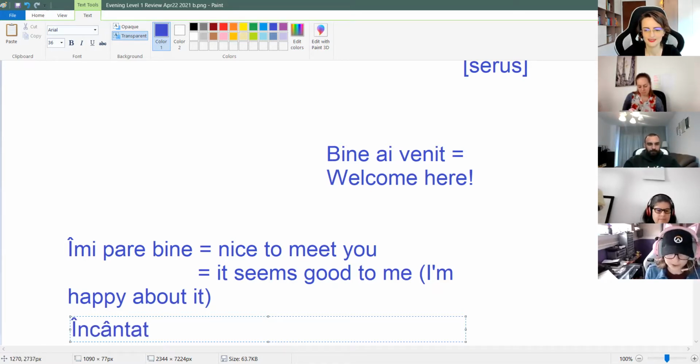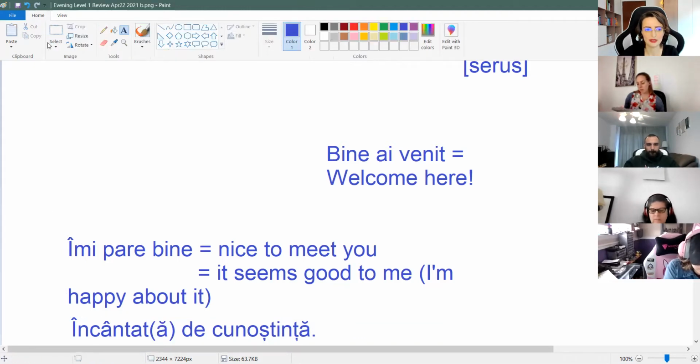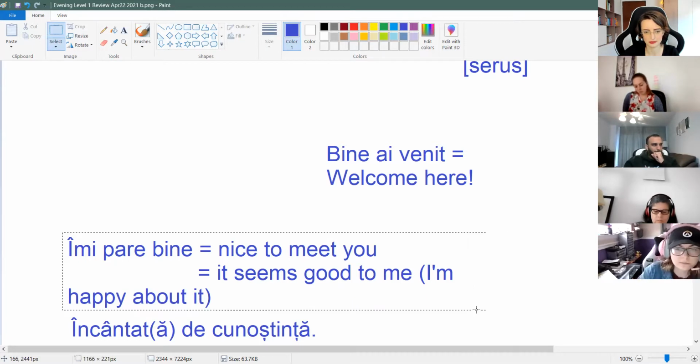I know cunoștință is acquaintance. Încântat de cunoștință. Or if you're a woman, you will say încântată. Because it's a word that describes you, so it has to have the same gender as you.